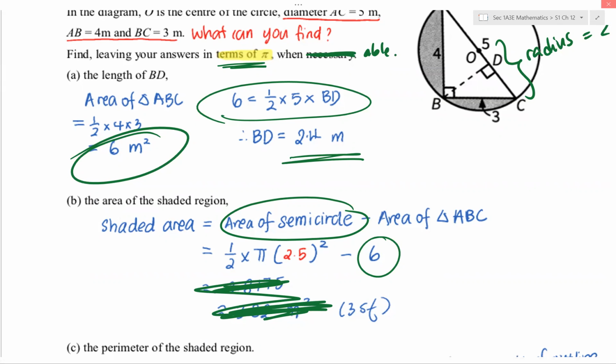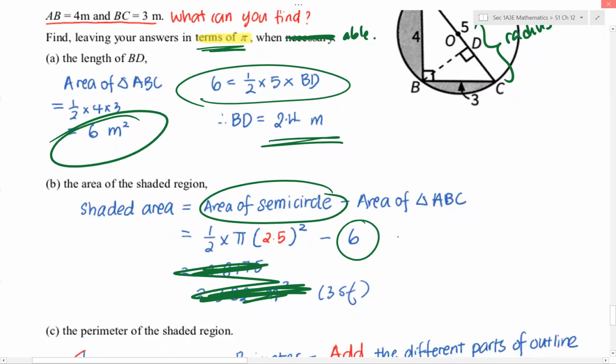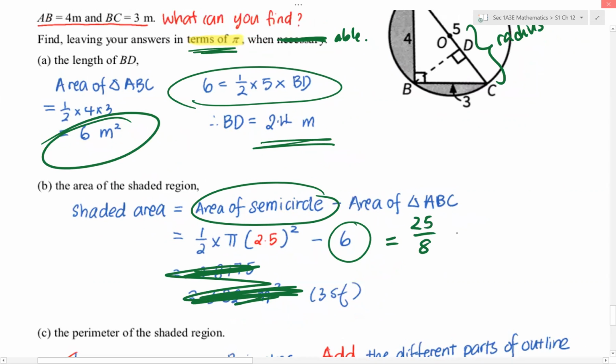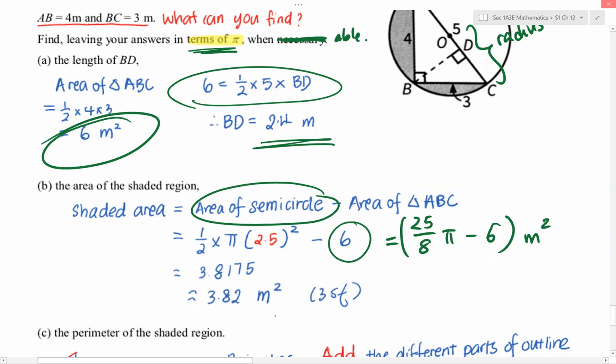So this will give us 2.5 squared divided by 2, 25 over 8 pi minus 6. So now this is in terms of pi. Square meters in terms of pi. But if they did not say in terms of pi, then you round it off to 3SF. Okay?